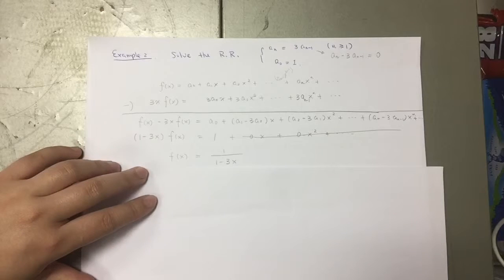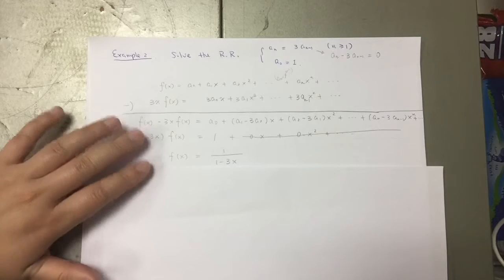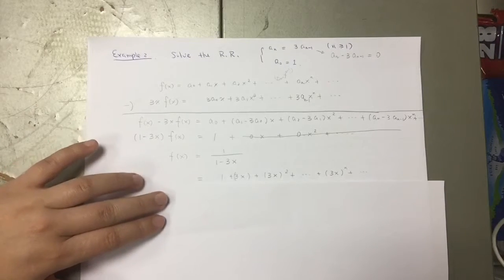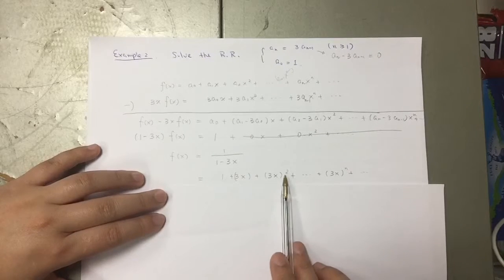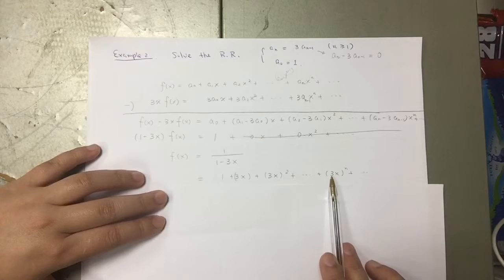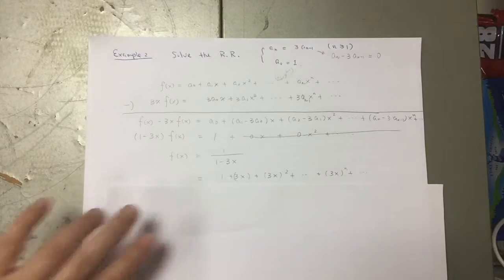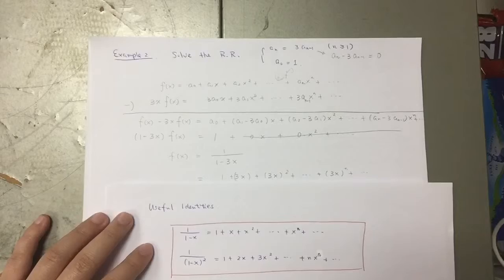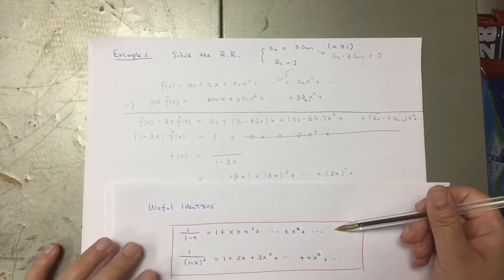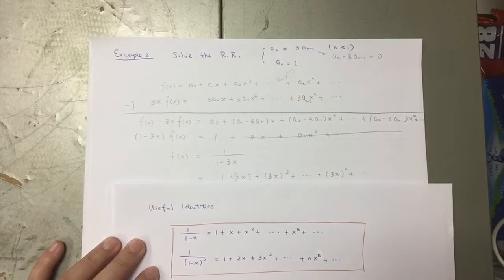And we have 1 over 1 minus 3x. Remember how to write this out as the expanded term? The expanded expression for that will be 1 plus 3x plus (3x) squared. In general, that's going to be (3x) to the power of n. Again, as a quick reminder, you want to refer to this identity in order to write out this form, in order to do this step.